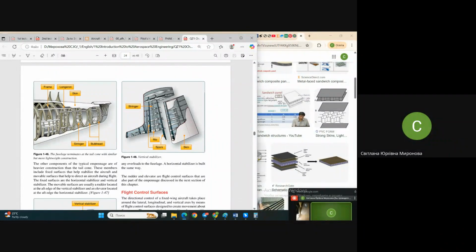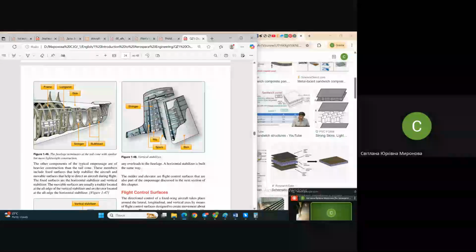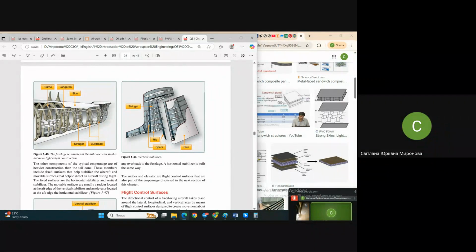Typically they have longitudinal elements and transversal elements keeping the shape. Longitudinal elements take the bending moment, transversal elements take shape and shear, and altogether the structure works for torsion, and all this is covered with the skin.